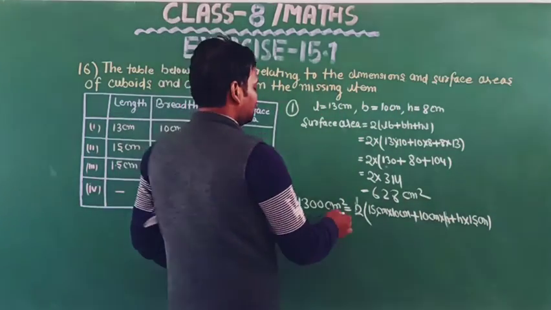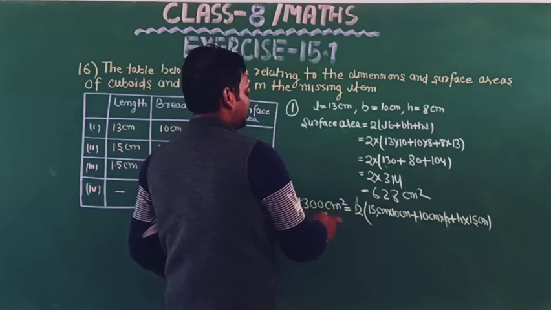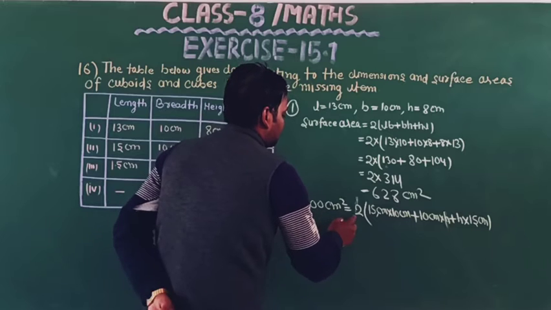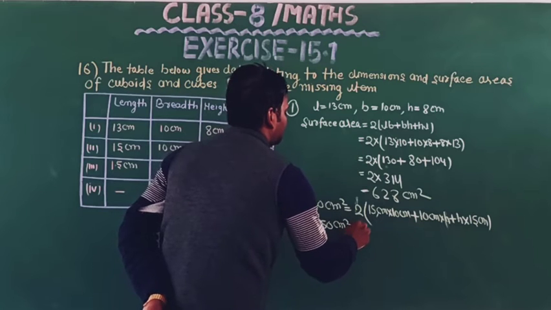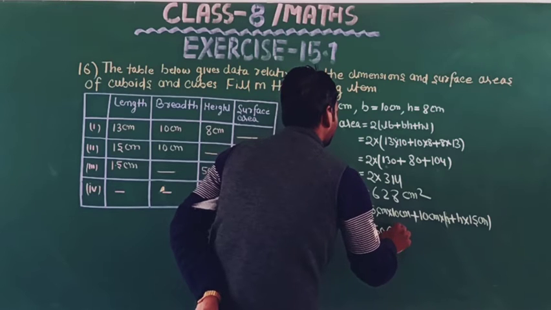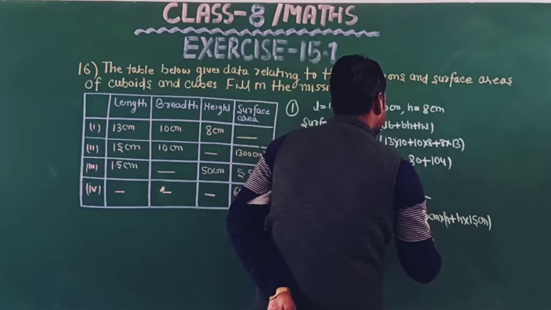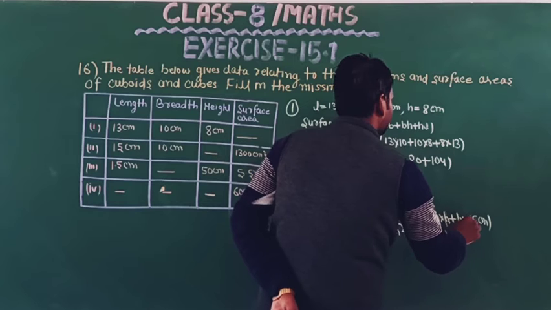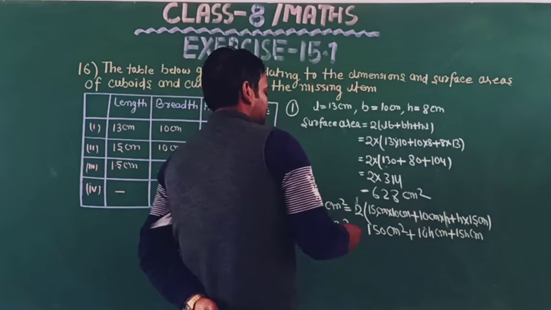So now simplify. 1300 divided by 2 gives 650 centimeter square, equal to 15 into 10, that is 150 centimeter square, plus 10H plus 15H.